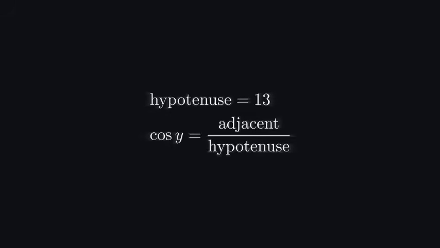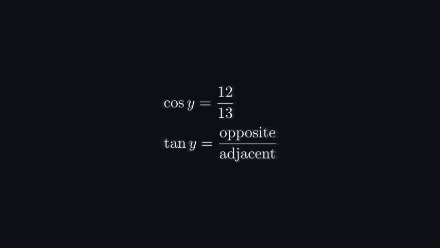Cos of y equals adjacent over hypotenuse. Cos of y equals 12 over 13. Tan of y equals opposite over adjacent.